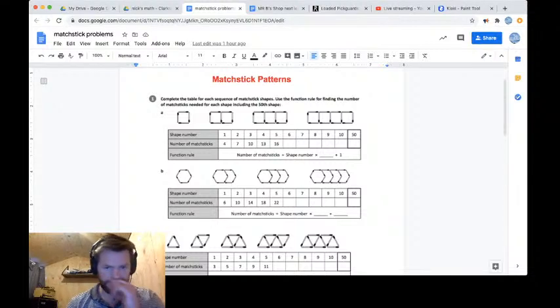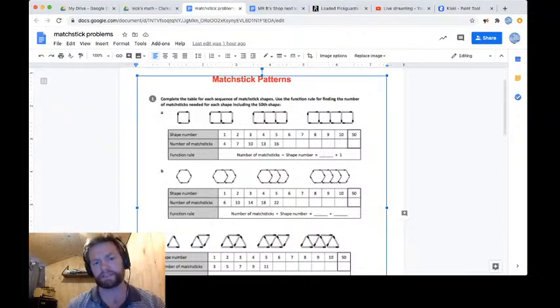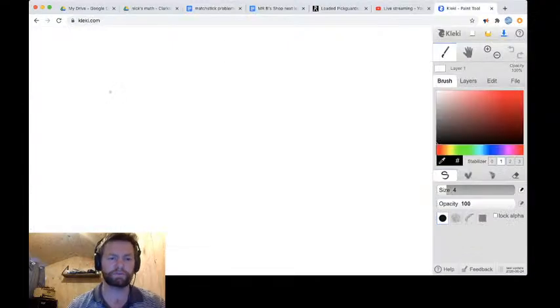So how I always think of this, guys, is I look at what it's going up by. That's going up in groups of 3, which means it has to be my 3 times tables. It goes 4, that's your first one, 7, 10, 13, 16. So I'll just draw that for you so you can see it. The first one was 4. The second one was 7.